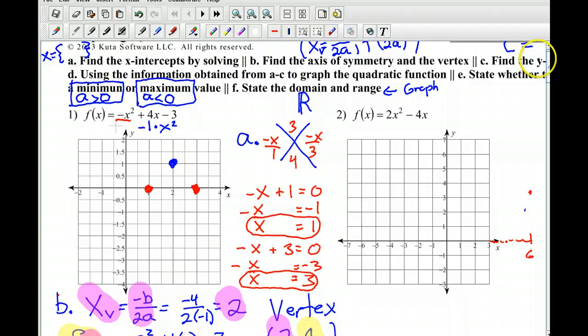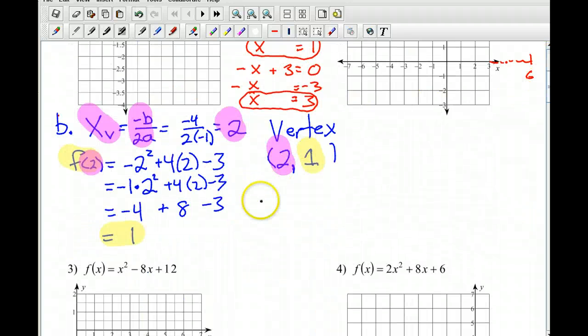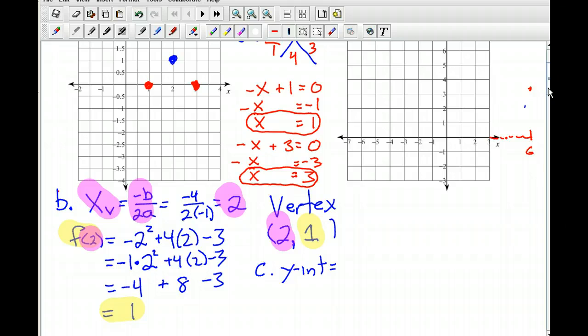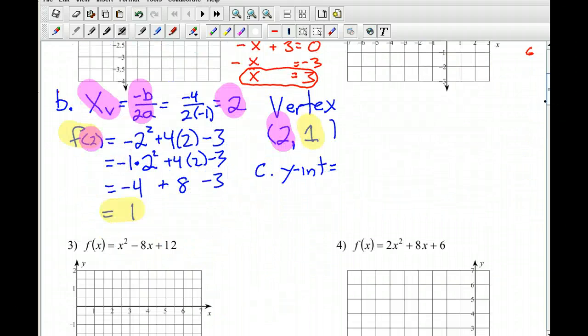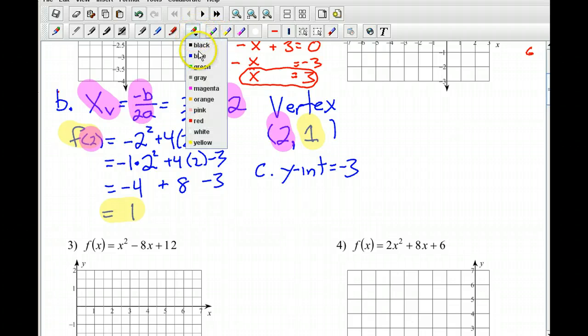Part C, find the y-intercept. Okay, y-intercept equals what? Equals C, which is negative 3. I know this from the equation. How do I get that?